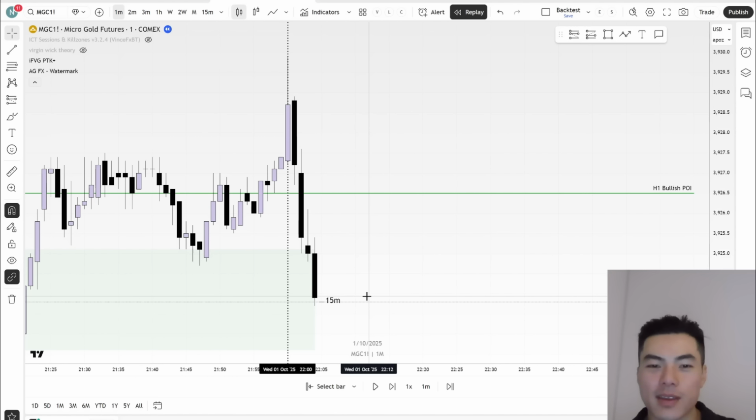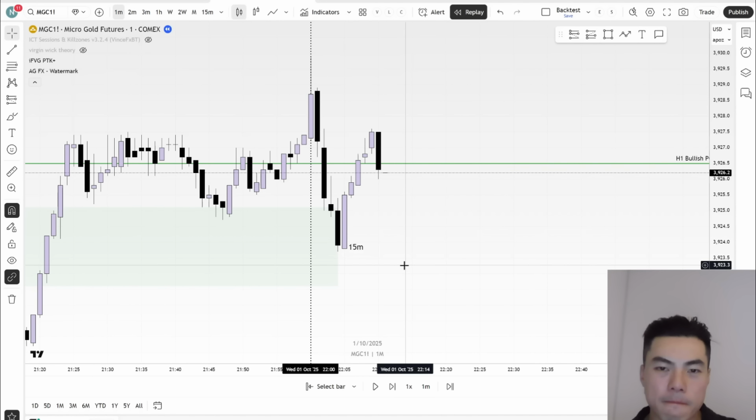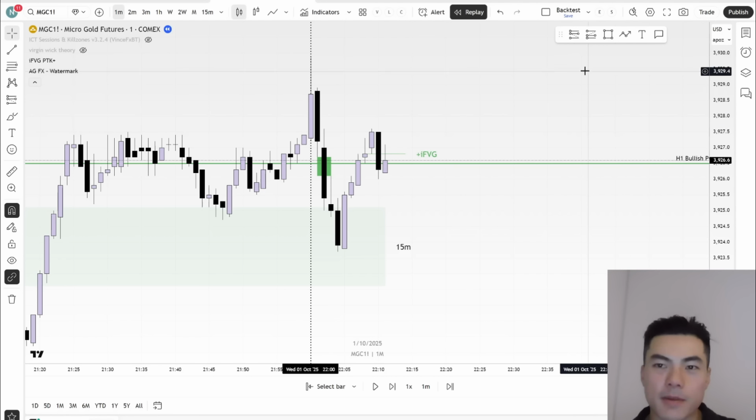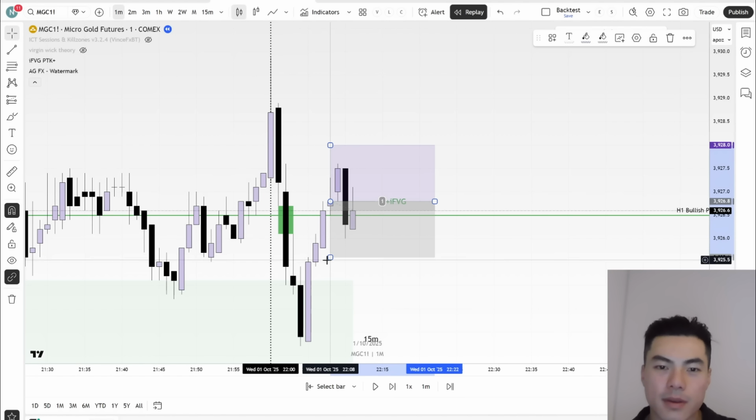into a 15-minute fair value gap. So all we need now is an IFVG. Okay, there we go. Bang, you can put your stop just below the entry candle or the IFVG, whichever is safer.